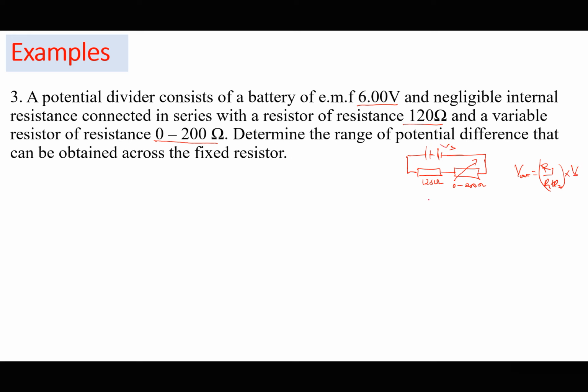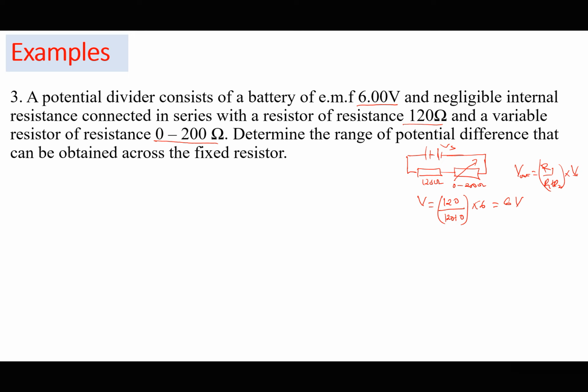So we can have V across 120, which is the fixed resistor, could be 120 divided by, when the other one is 0, 120 plus 0, times 6, which is equal to 6 volts.